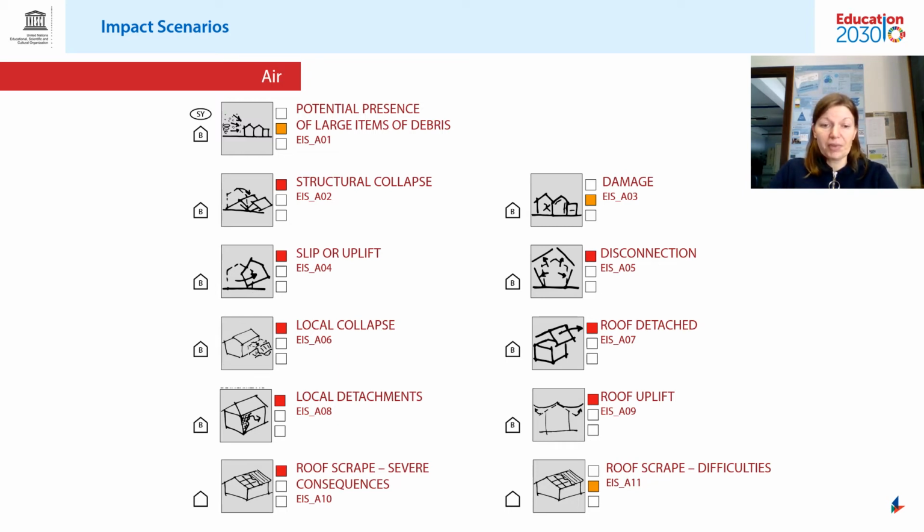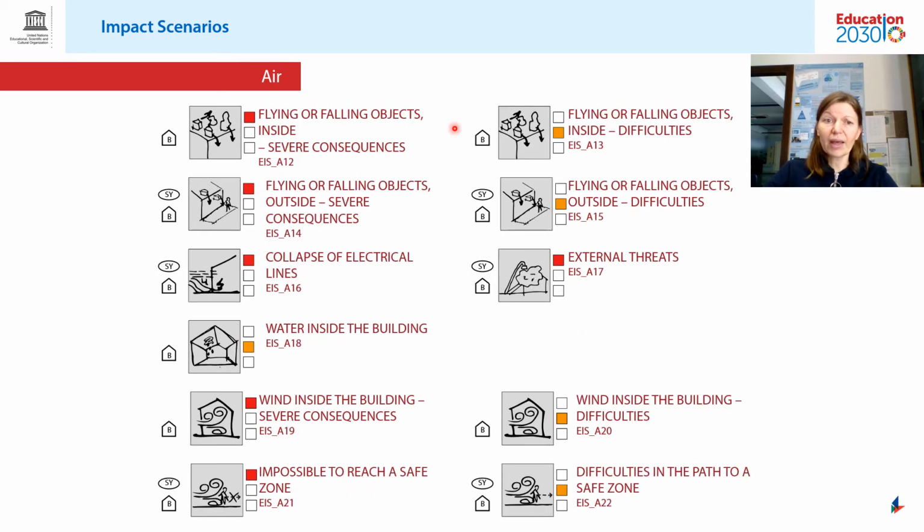And there could be roof scrape of the roof with severe consequences, or with only difficulties, and there are specific different scenarios that represent these two cases. Then there could be scenarios concerning the presence of flying or falling objects inside the buildings, causing severe consequences or difficulties, for example, if the objects are light.